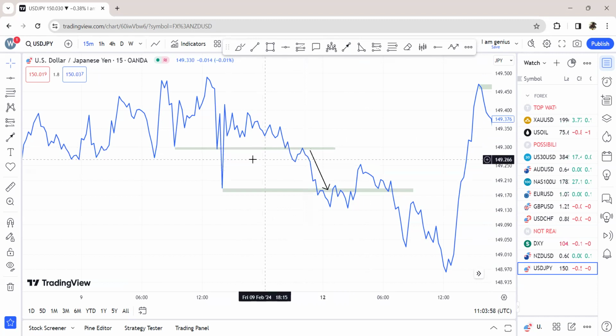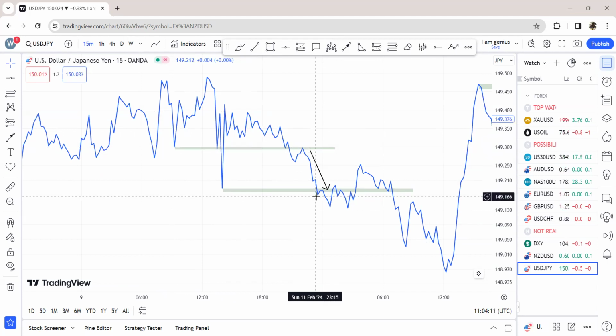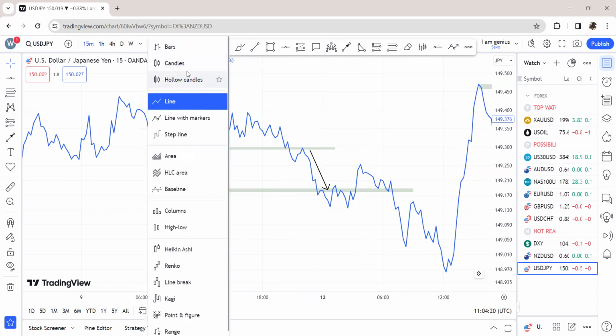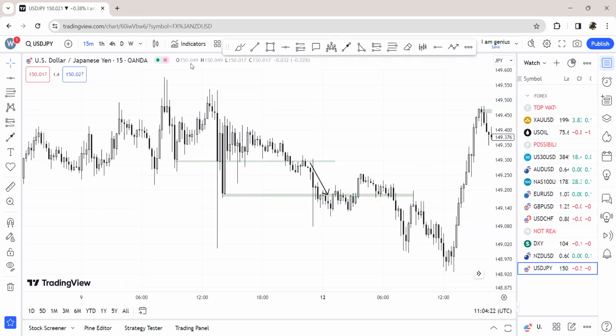Why specifically this level? Because remember, the market in the past previously failed to break that level twice. Hence, when it broke it, it went back to it, and then we expect it to drop in a healthy downtrend like that. So after you are done with your analysis, you can now go back to candles like that. Then you see that this will be a little bit easier to trade.